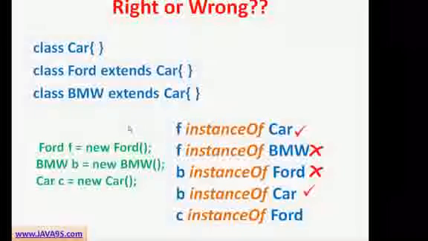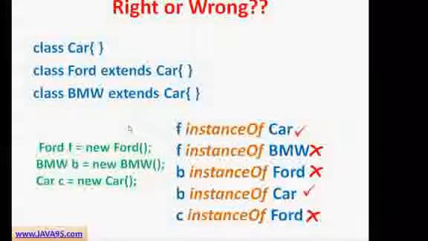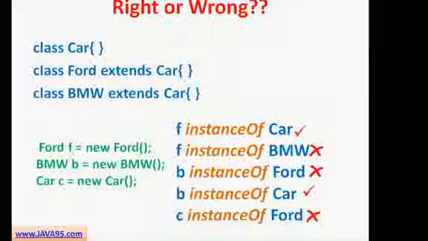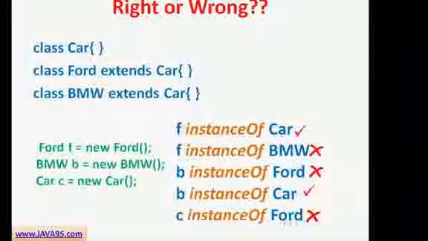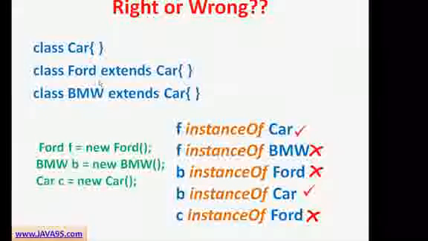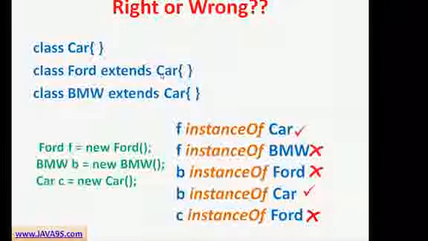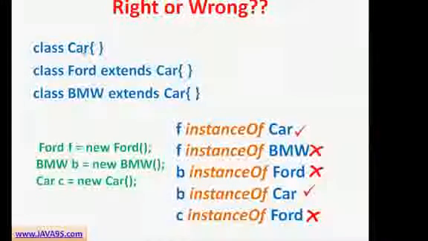c instanceof Ford, no. Here you have to remember that what I am trying to do is take a superclass object and check if it is an instance of the subclass type. Please remember that the relationship only goes upwards and not downwards. That means when Ford extends Car, Ford knows everything about Car, but Car really doesn't care what a Ford is or what a BMW is.